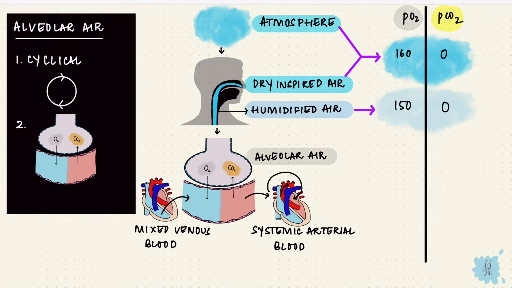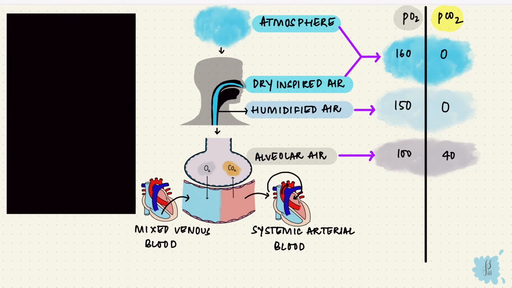Second, there's gas exchange with the capillaries, so oxygen is leaving the alveolus and carbon dioxide is entering. So the oxygen reduces and carbon dioxide increases. The alveolar air is represented with a capital A and the arterial blood with a small a. So the alveolar oxygen is lower than the atmosphere, that's 100, and the alveolar carbon dioxide is higher at 40.